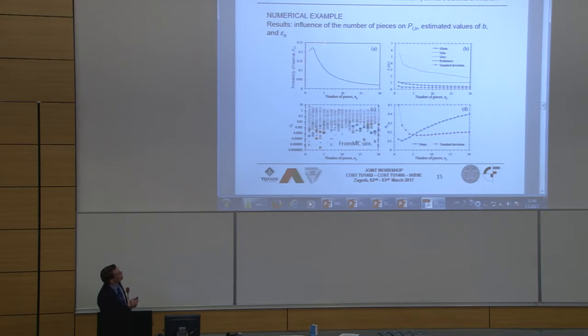We obtain here the probability of being in the confidence interval with the number of pieces. Of course, the number of pieces doesn't change the number of sensors, only the location of the sensors. You can see that we obtain an optimum value, and the optimum is not the regular spacing of the sensors, but something with two pieces.